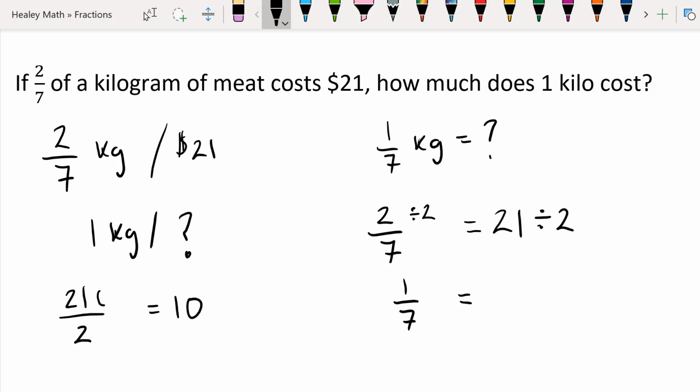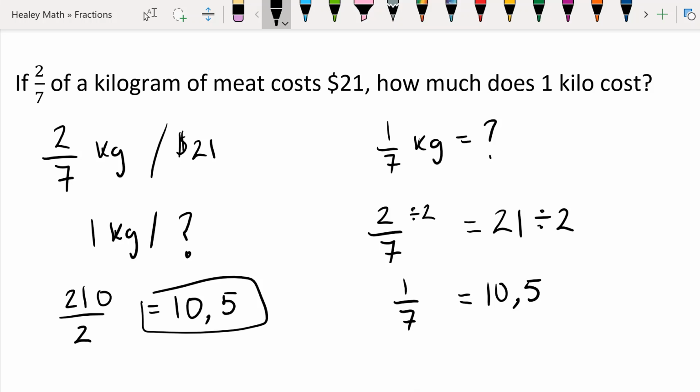We'll put a 0 here. We'll put a decimal down. How many times does 2 go into 10? That's 5 times with 0 remainder. Okay, so that is how much 1/7 of a kilogram costs: 10.5.